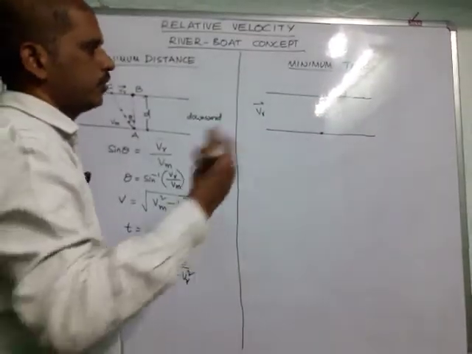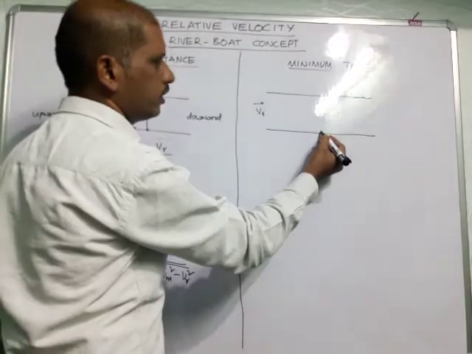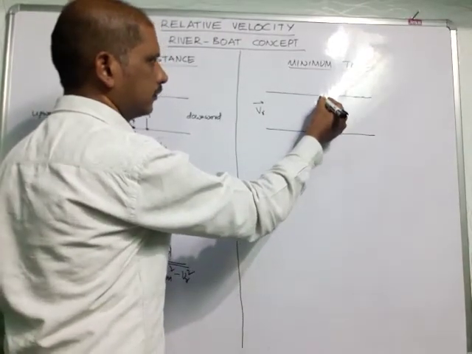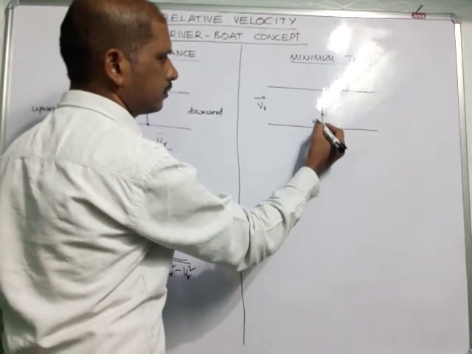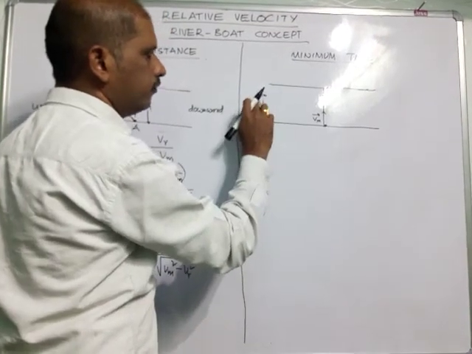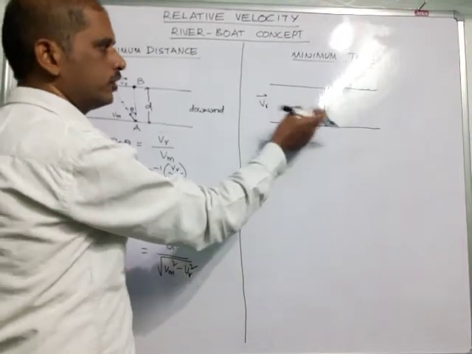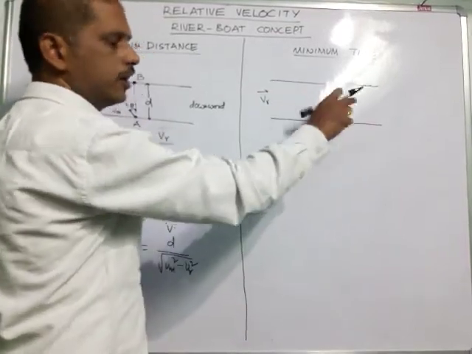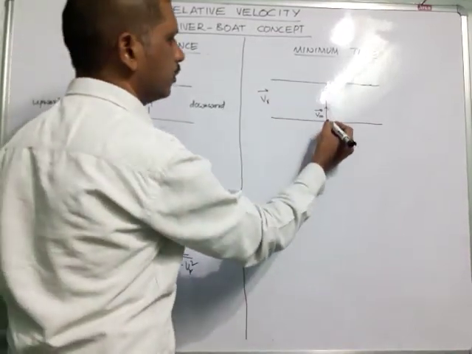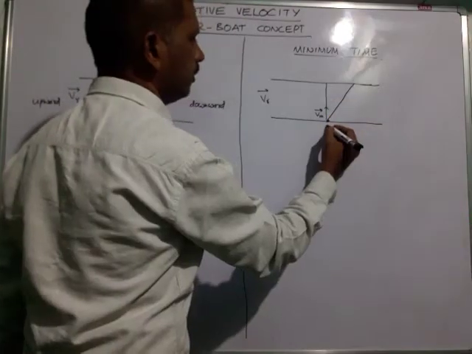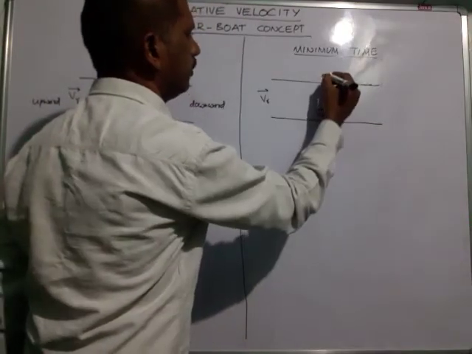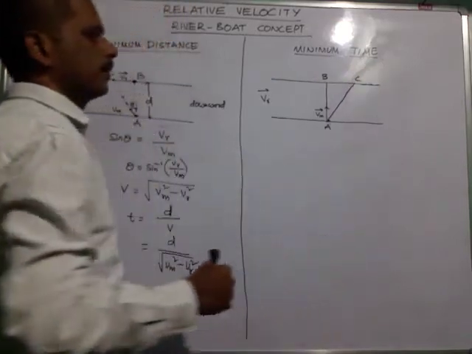You can get minimum time if the person is moves in this direction. This is the velocity of the person, and Vr is in this direction. Both combined will push the person, so he can move in this direction. So let it be A, B and C.